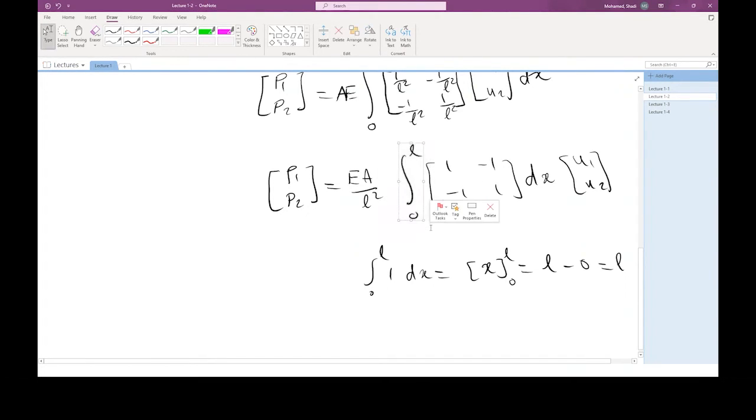So I can get rid of the integral sign. I replace these ones with L's. So this is L minus L minus L and L. I just put them closer together.